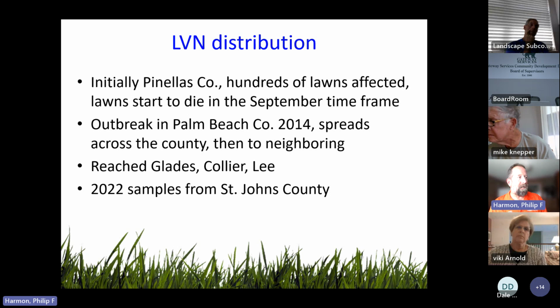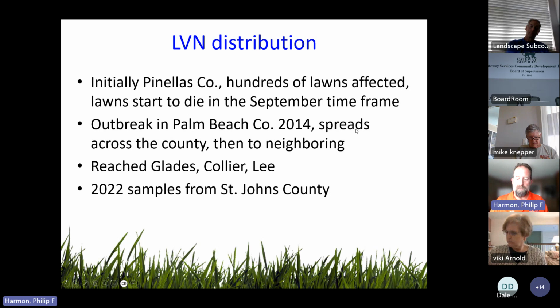So we know that it occurred back in 2013 and 14 in those counties, and it spread out from there fairly slowly and sporadically. Within Palm Beach County, it spread up north through the coastal areas, south through the Keys, and then as of last year, it has been found in the Fort Myers area. In your communities, it continues to spread.